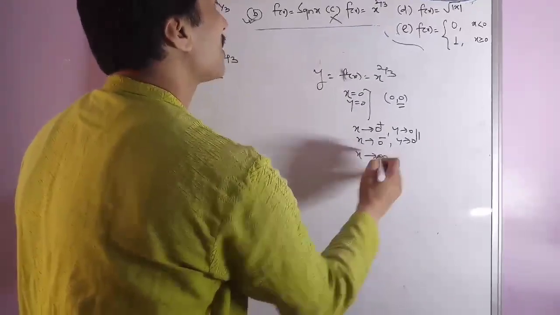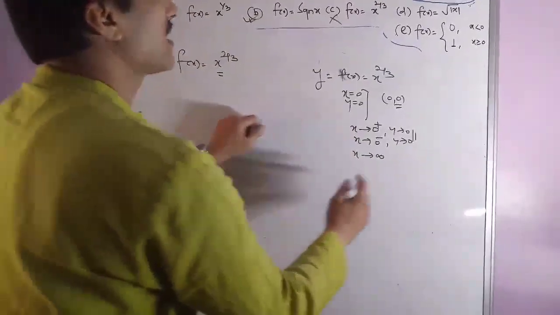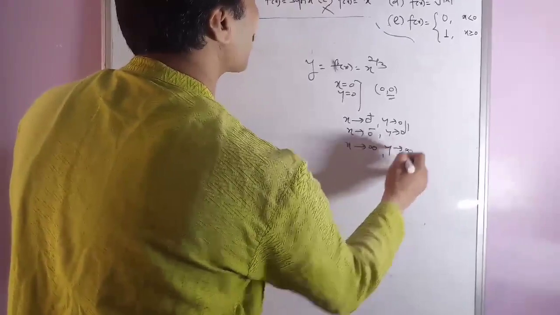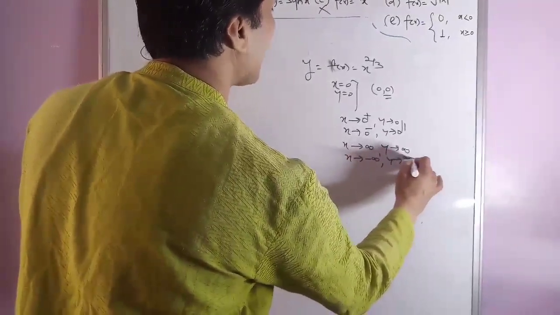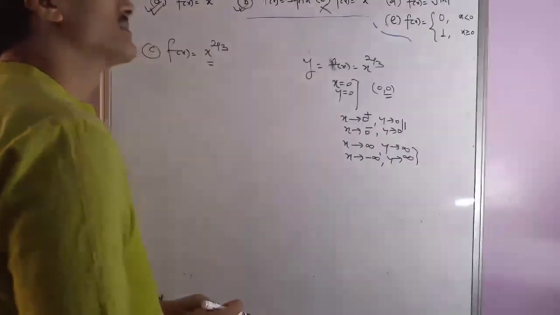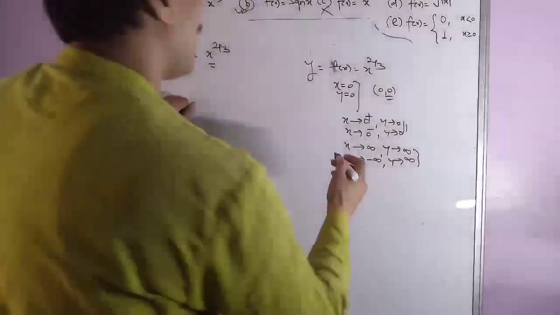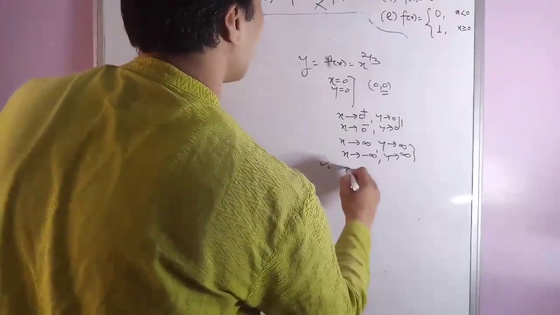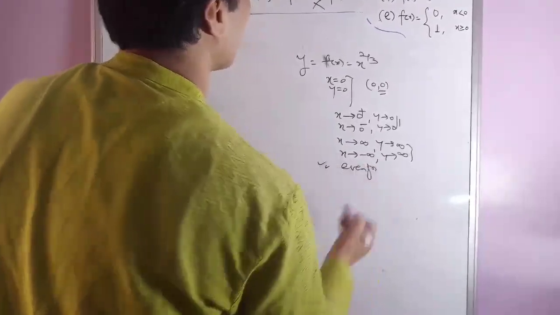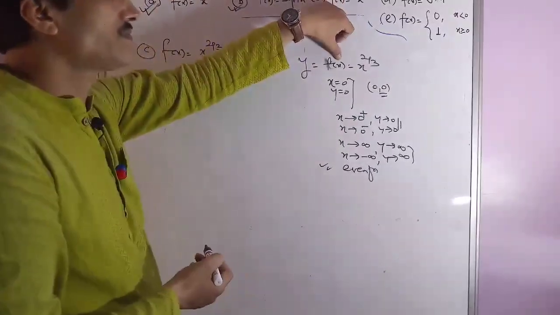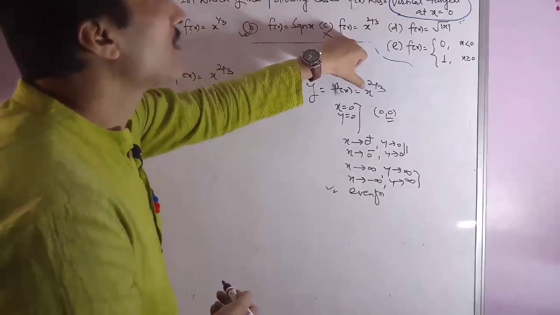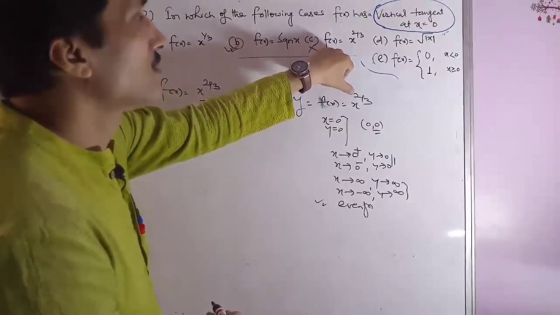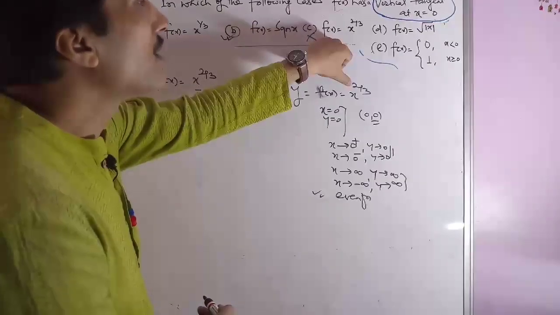Similarly, x tends to infinity, y tends to infinity; x tends to minus infinity, y tends to again plus infinity. Next, even function: if we replace x by minus x, the function remains the same because of power 2.